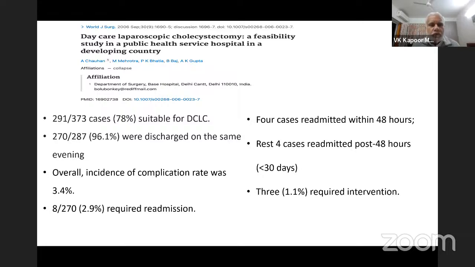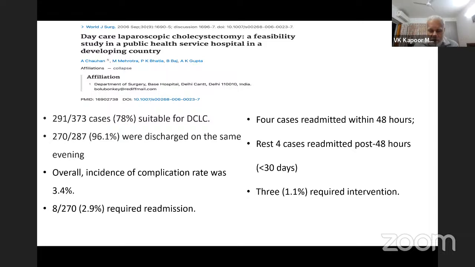Now, this is one report which Kailash has cited, that they found that as many as 80% of cases were suitable, and out of this, 96% could be discharged the same evening. But 3% did require readmission within 48 hours or after 48 hours.